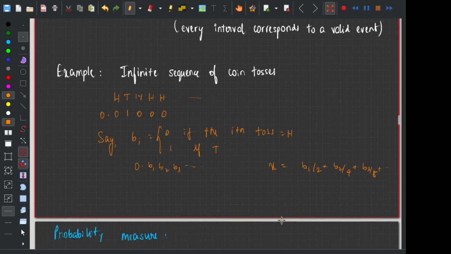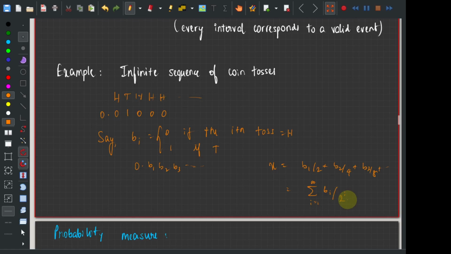Correct. It's basically the summation, i going from 1 to infinity, of b_i divided by 2 to the power i. Right, so there's a one-to-one map.